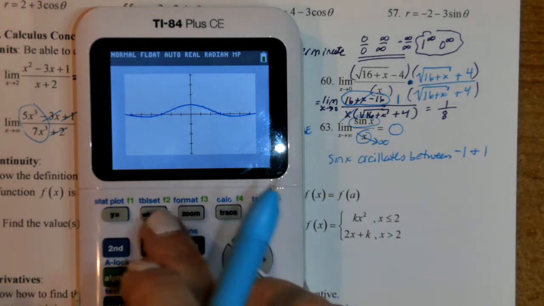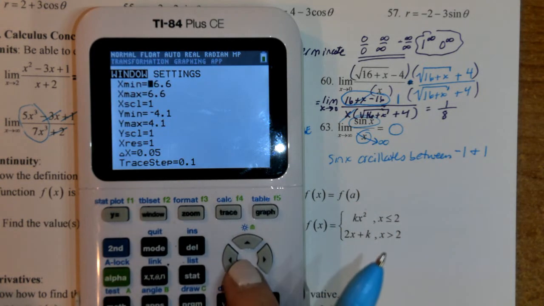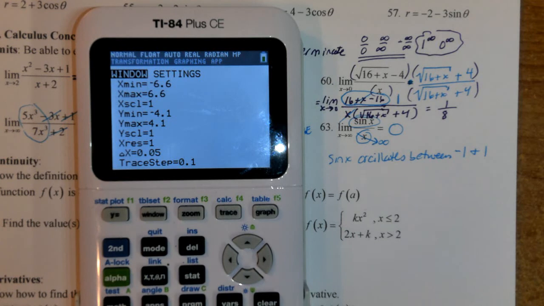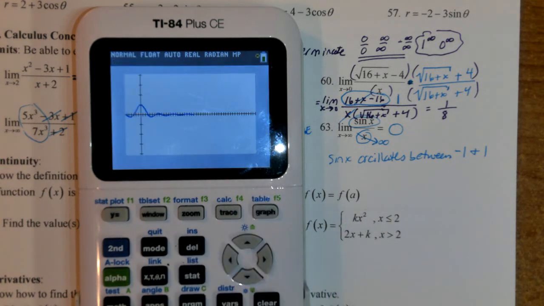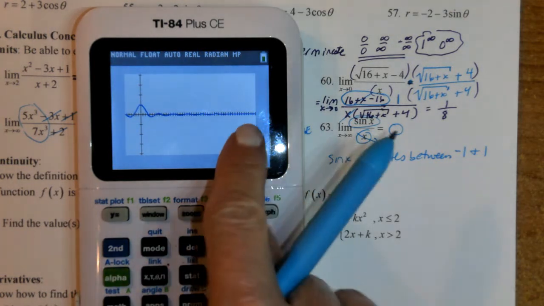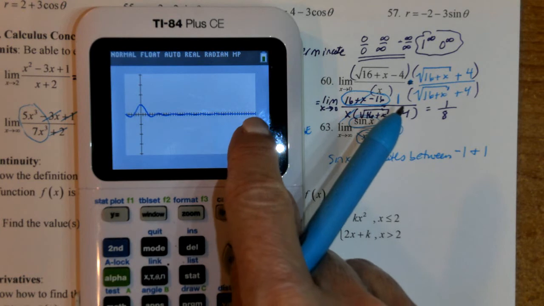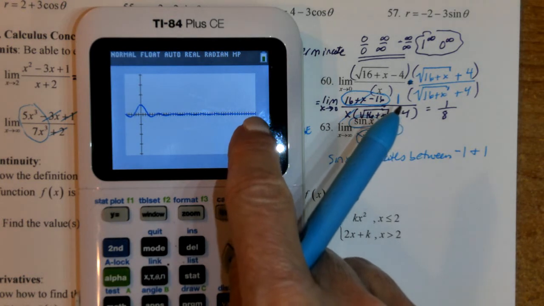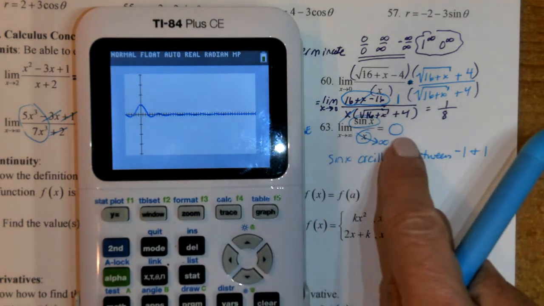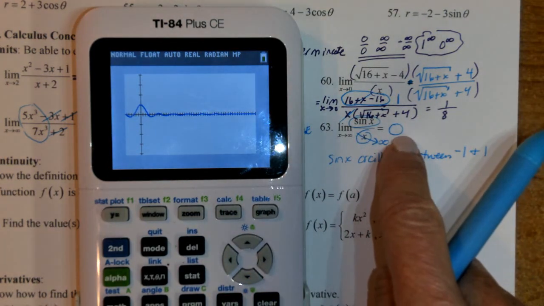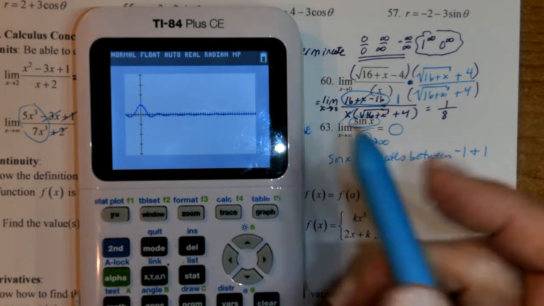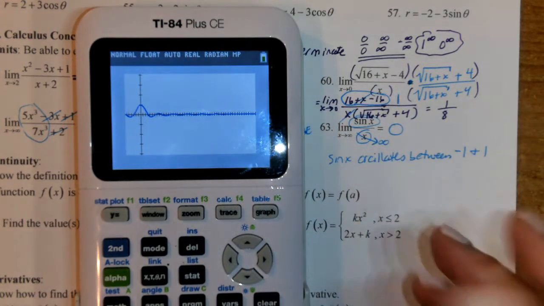But if I change my window to go to, maybe 50, you can see that as x is going to infinity, we're getting closer and closer and closer to the x-axis, where y is 0. So that limit is 0. Okay? You can see it oscillating, but it is going to 0.